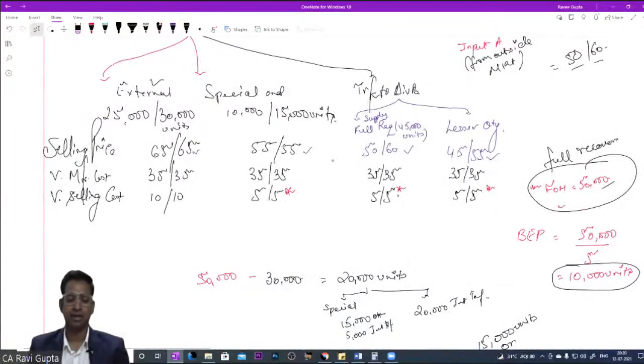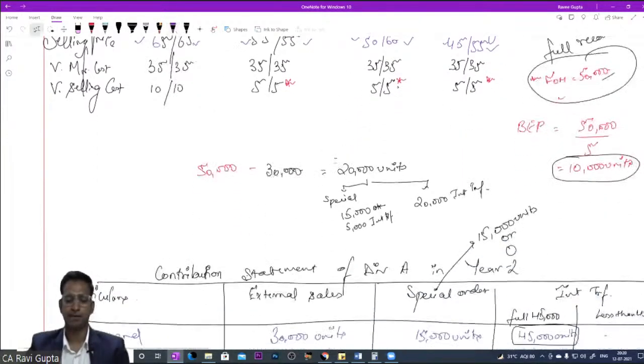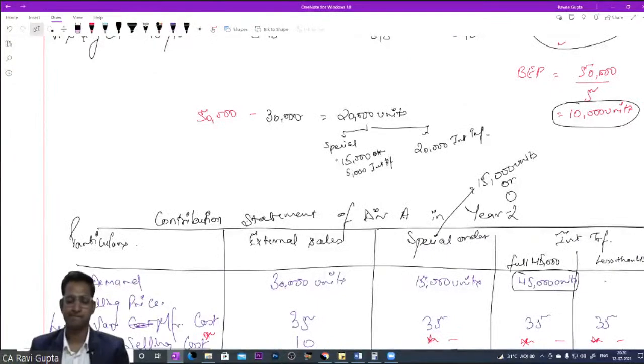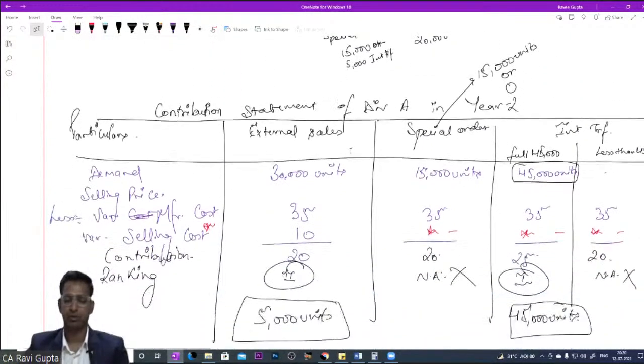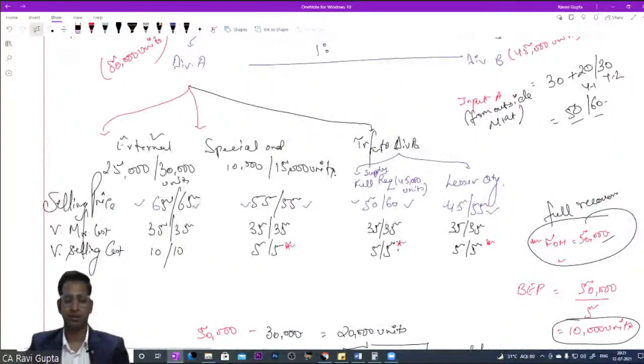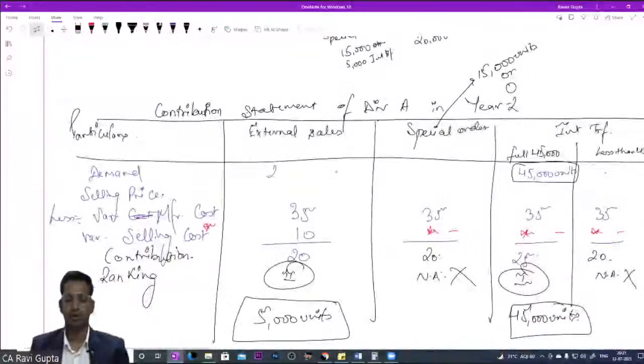We have the selling price as 65, 55, 50 and 45. And also the demands. The demand here is 25,000, 10,000, 25,000 units, 10,000 units.